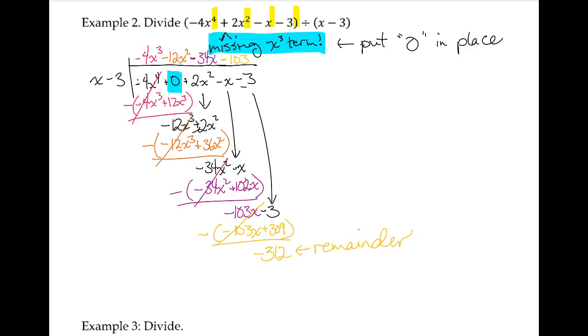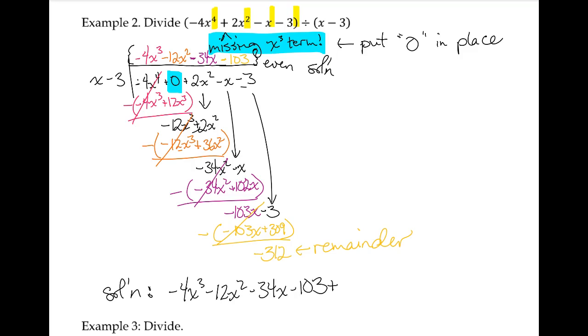So again, how I would write my solution is I would write what's up here. What's my even solution if it went in evenly? But I also need to remember my remainder, which is negative, so I'm not going to add it.